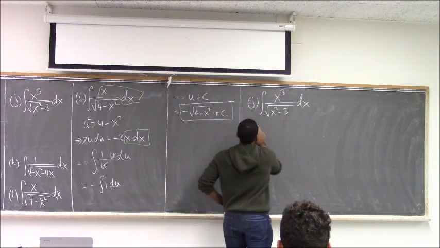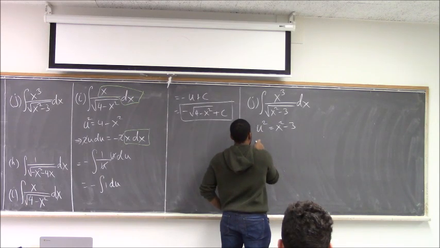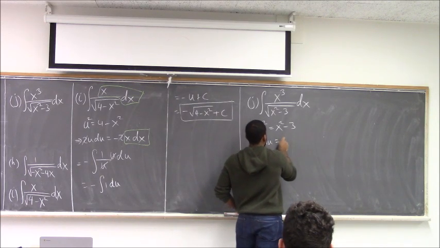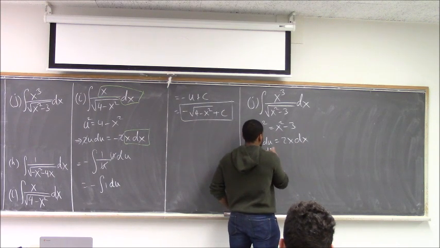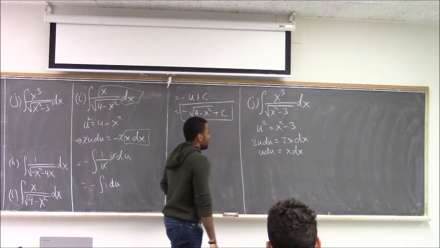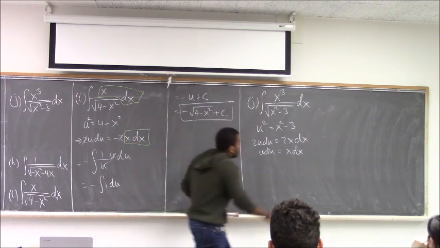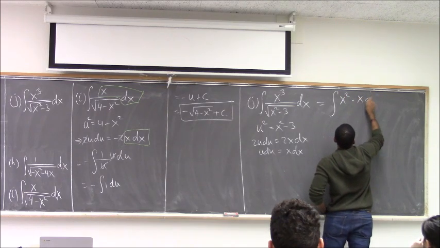I concur. I would say u squared is equal to x squared minus 3. Differentiating both sides, my 2u du is 2x dx, or my u du is going to be x dx. Now you might say, well, I don't have x dx, but this one you can write as x squared times x dx.